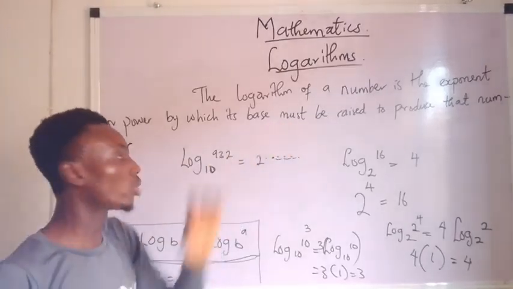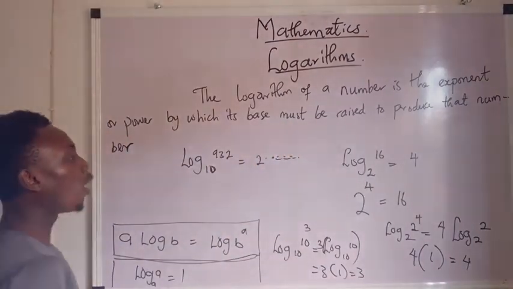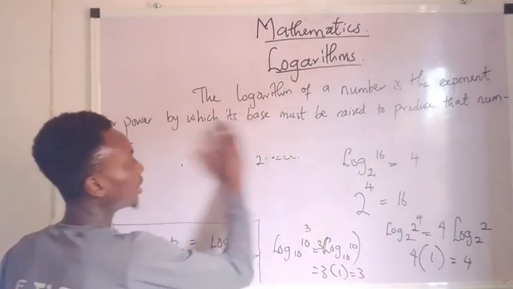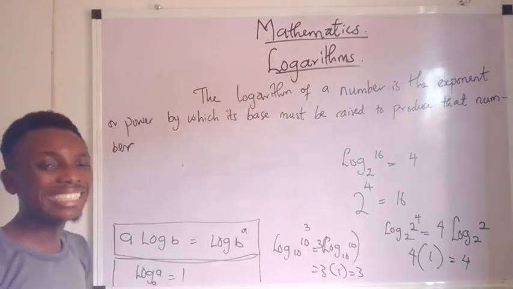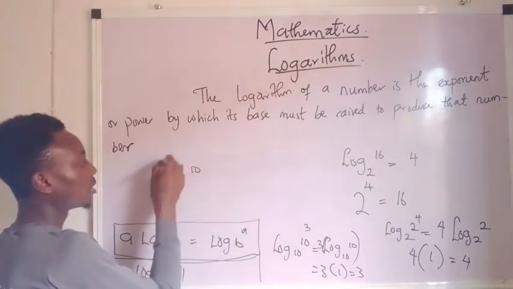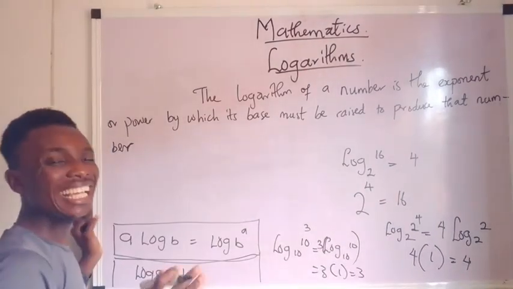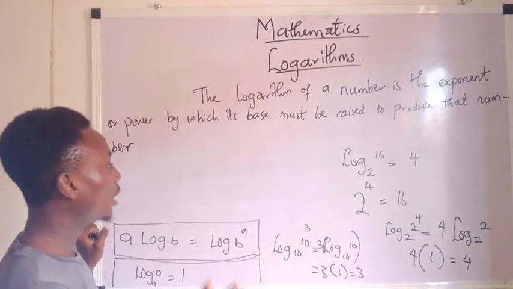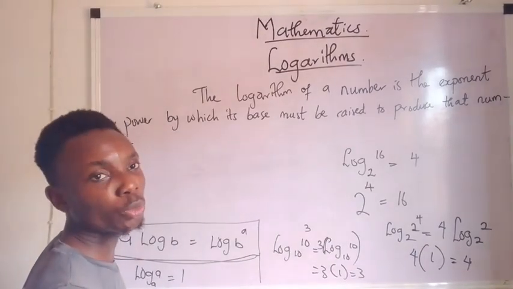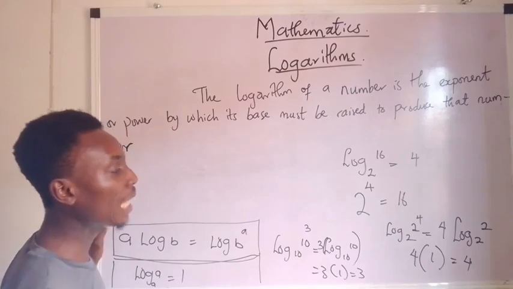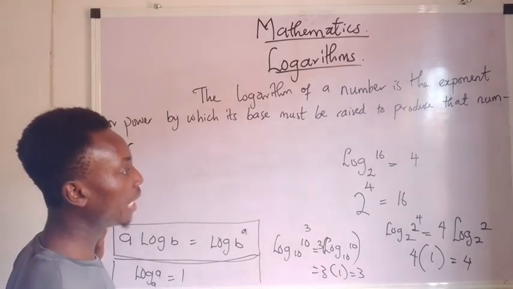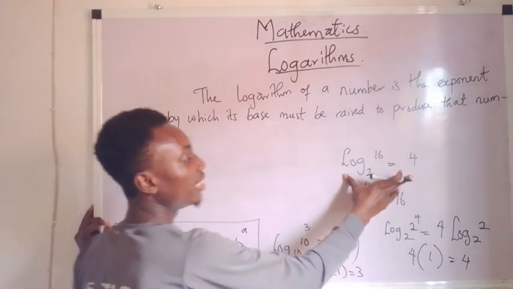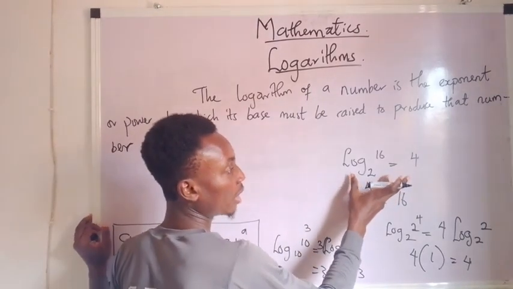And do take note also, the logarithm of all numbers naturally, especially when there is no base indicated, is base 10. If there is no base indicated in a logarithmic question, that base automatically becomes 10. Except when the base is clearly stated, like in this scenario where you have a base of 2.